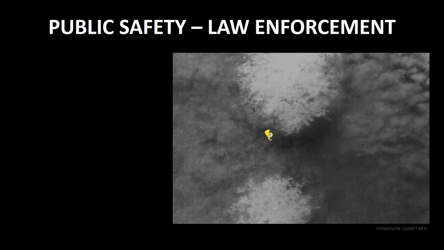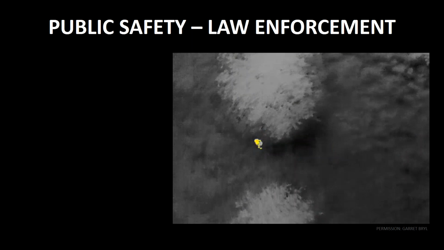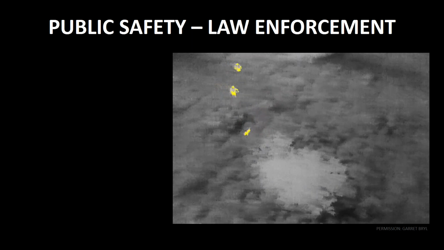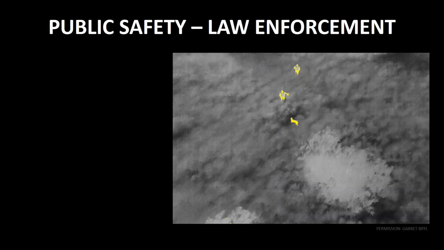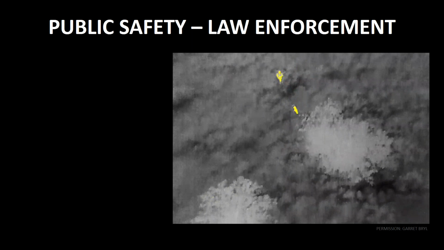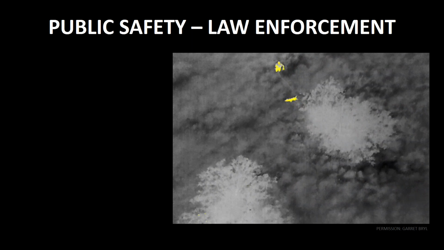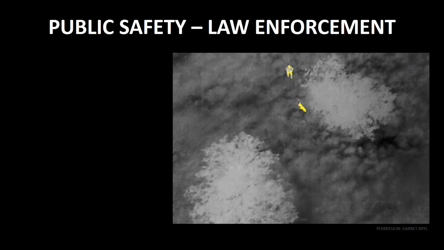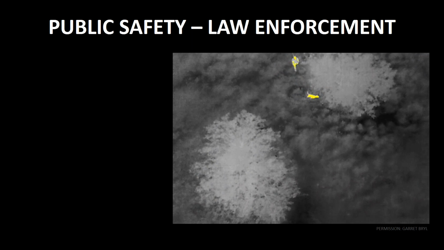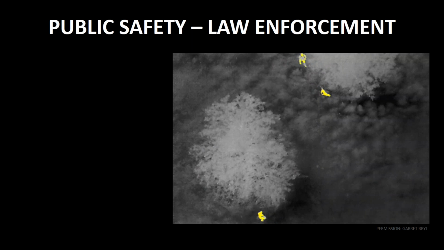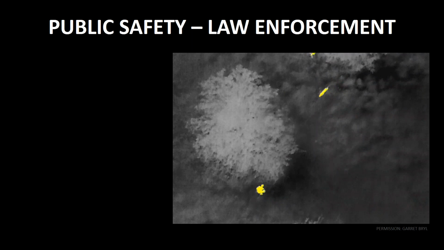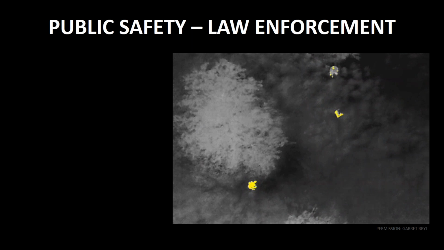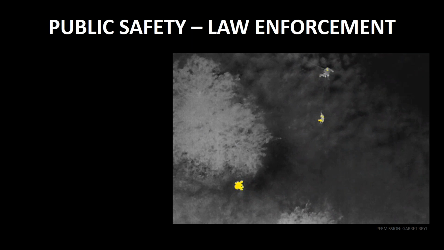Law enforcement is using drones in a multitude of ways, but the videos are not always the easiest to get a hold of. Here we have a canine training unit. They had sent out an officer to hide in this high-growth area. It was probably about a quarter mile out, and the drone located them instantly because it could go through that terrain quite easily, and it's also using isotherm, which allows you to set a parameter of temperatures, in this case probably 80 to 100 degrees Fahrenheit, and everything that falls within that parameter will pop out on the screen.